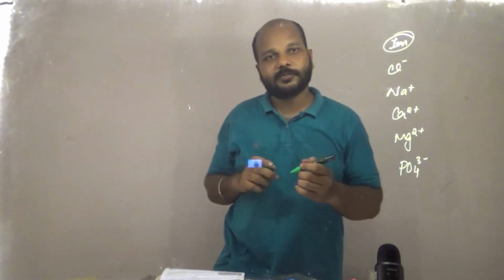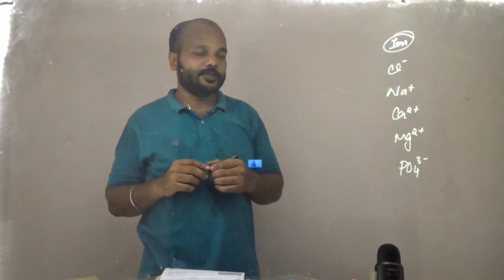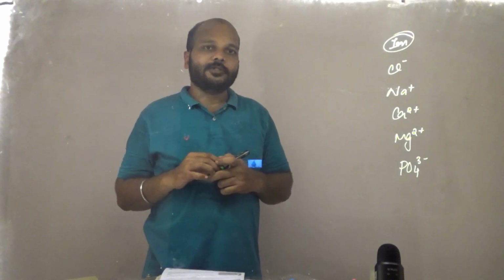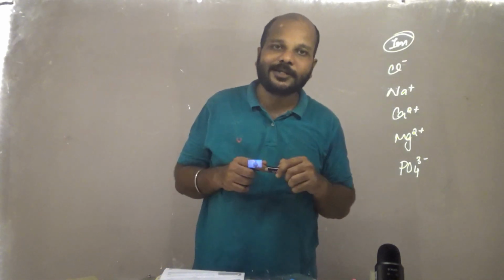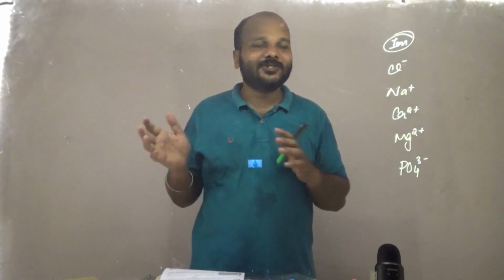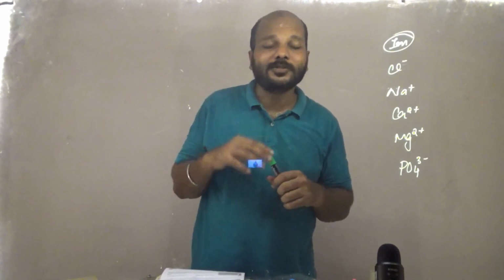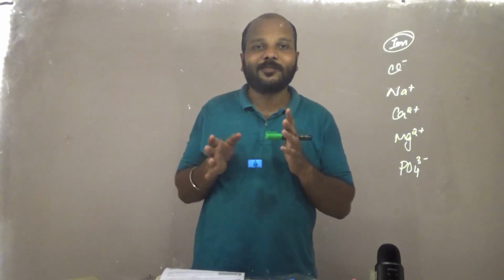These are complex ions, which you will come to know in future classes. What is meant by an ion? Any charged species is an ion. When protons and electrons are in equal number, it is neutral. So this is an ion because it has a negative charge.